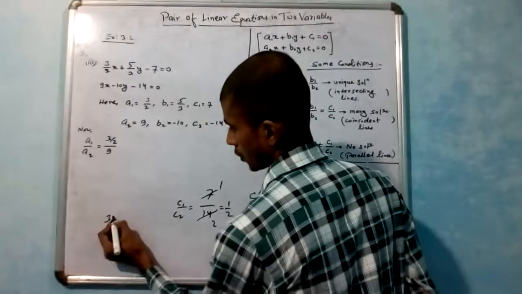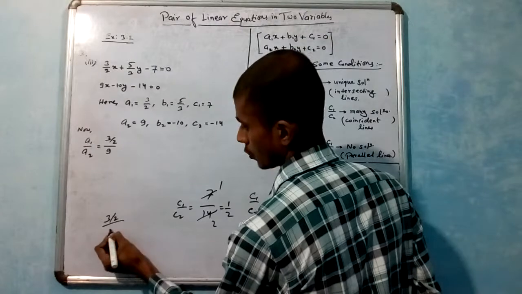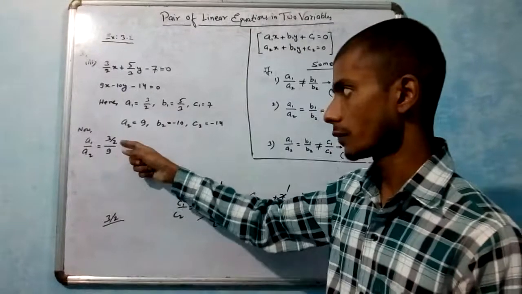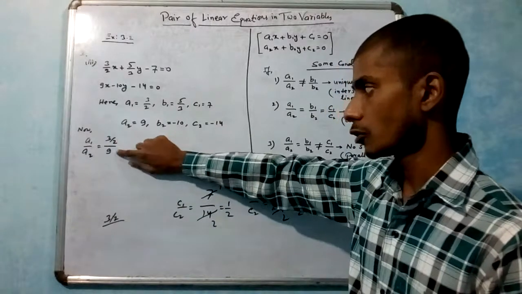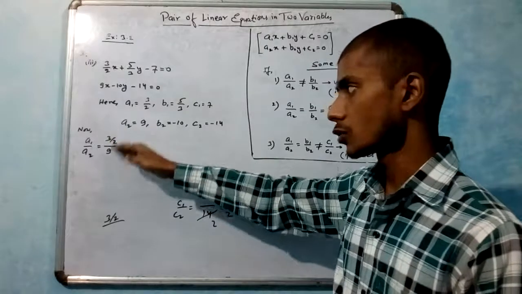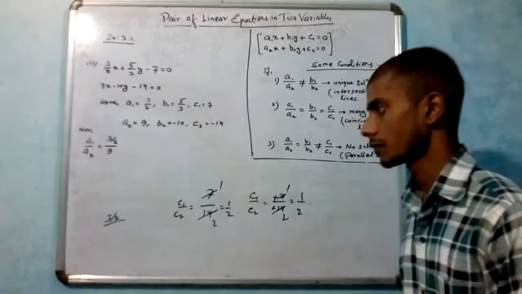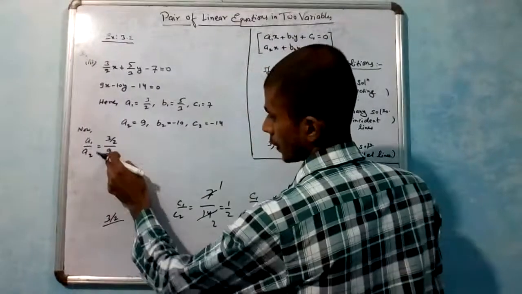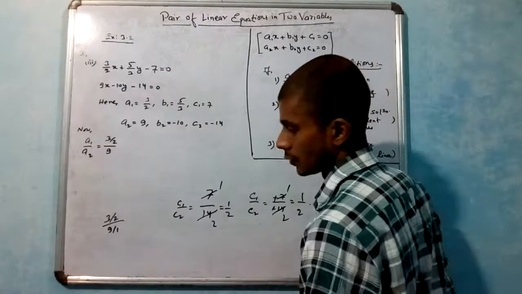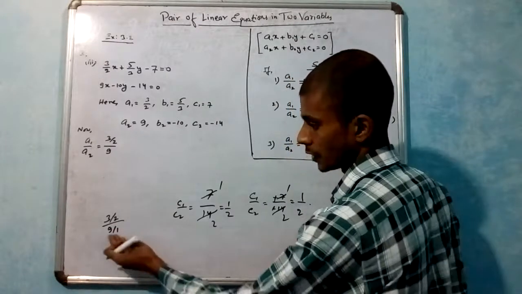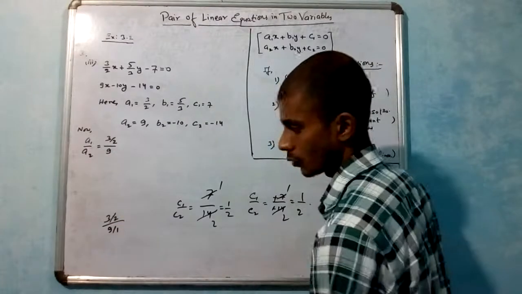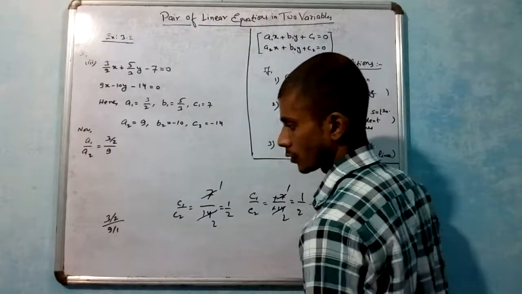I told you, whichever part is not in fraction form, if we have one fraction and either numerator or denominator is itself in fraction form, then change the other also into the same form. So 3 by 2 divided by 9 by 1. Can I write 9 as 9 by 1? Yes, I can write. So I made this 9 also in the same form according to the numerator. Now can we work on this or not?